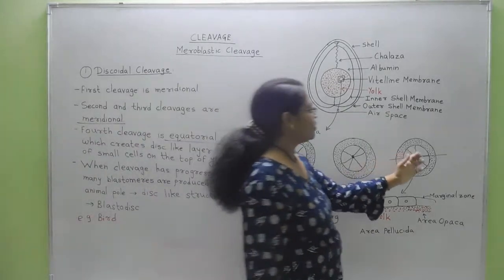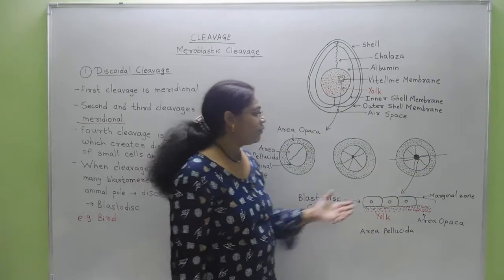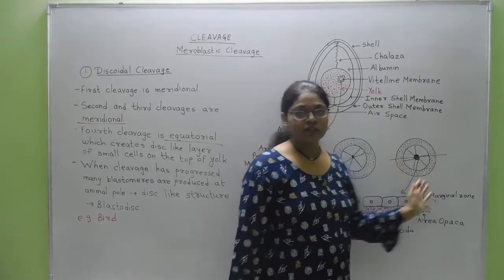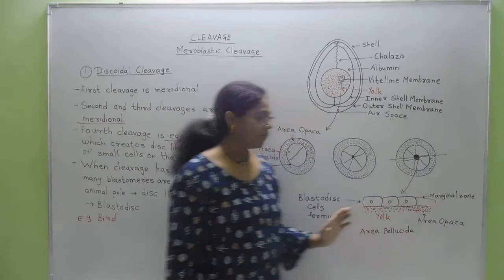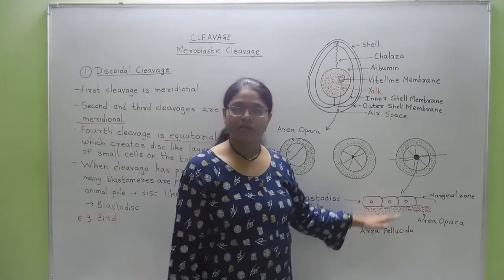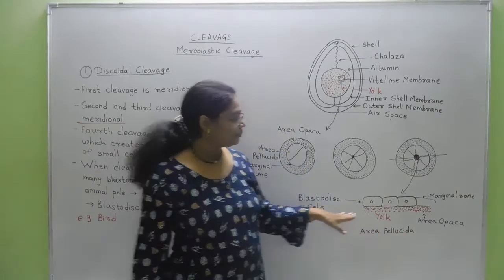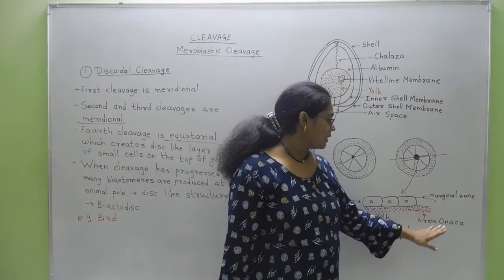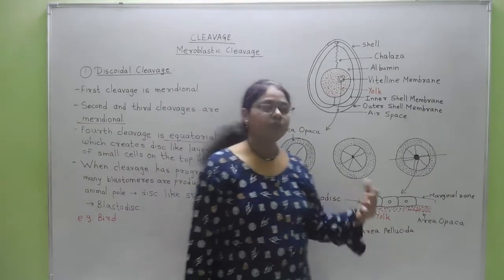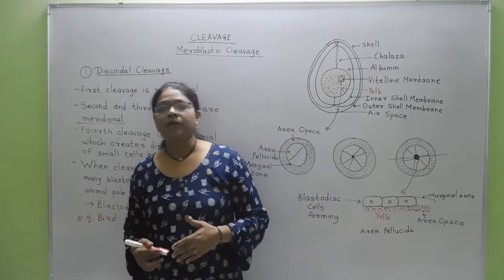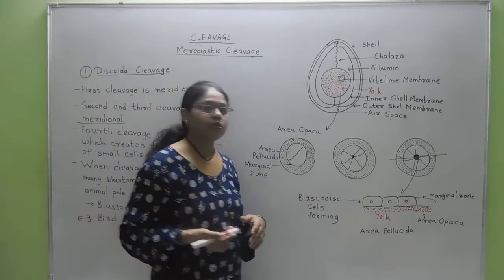So in such a way the disc-like layer of cells is produced, and if you see the cross section of this, you can see the blastodisc forming cells, and below the blastodisc forming cells there is the yolk. Then this is area opaca, and below that area pellucida. Between area opaca and area pellucida there is a structure which is called the marginal zone.